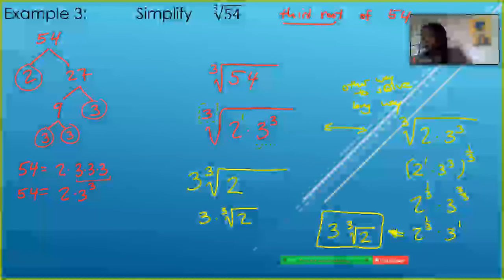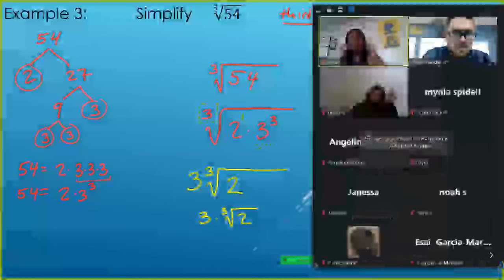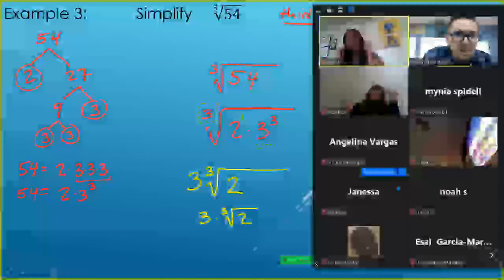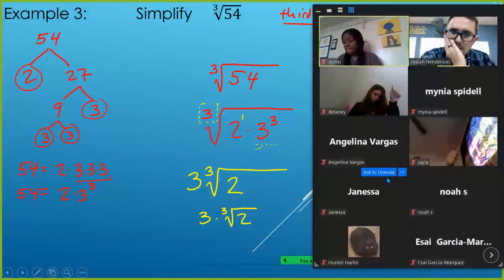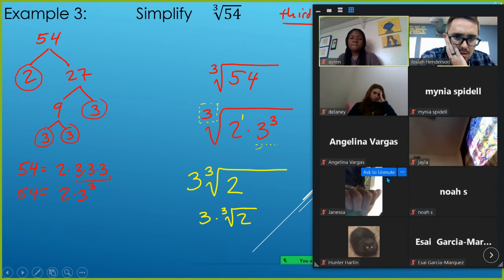It's 10:35, and I'd like to really quick stop and see thumbs with how people are feeling about these last 3 examples. Okay, Aaron, I see you. Thank you. Delaney, thank you for the feedback. Jayla, Noah, thank you too.